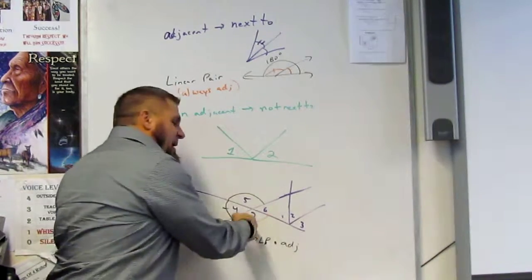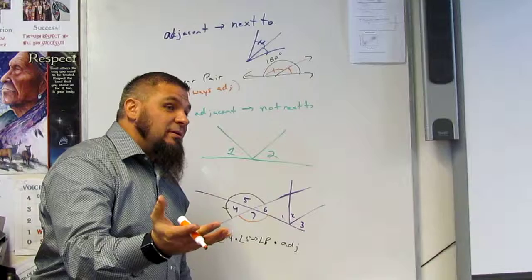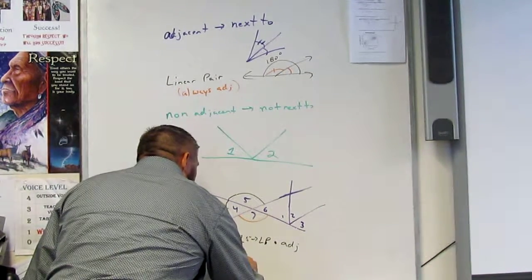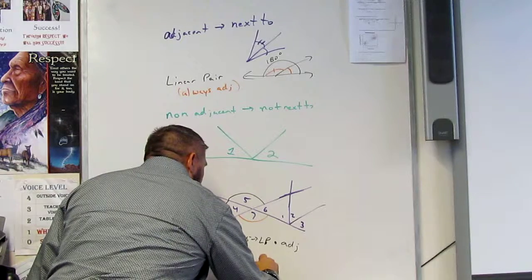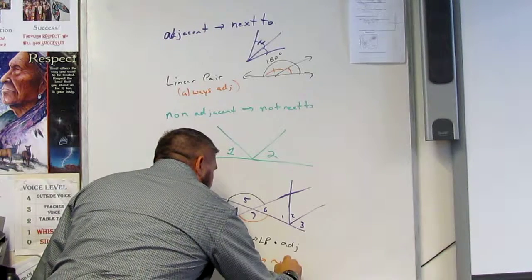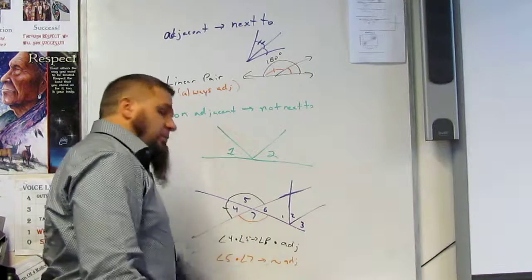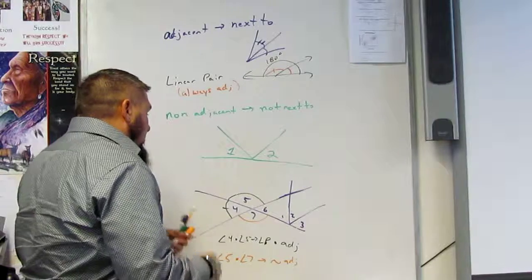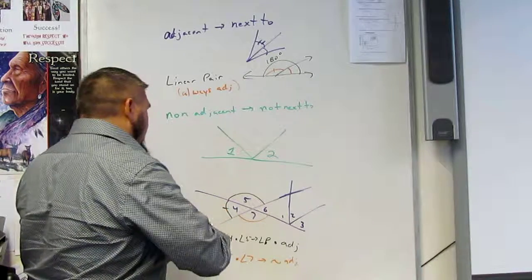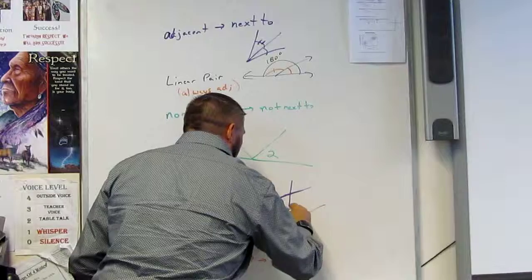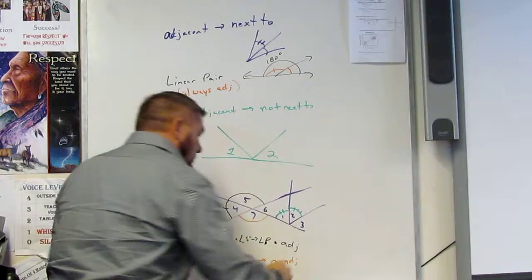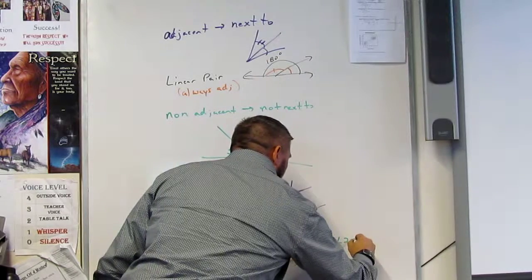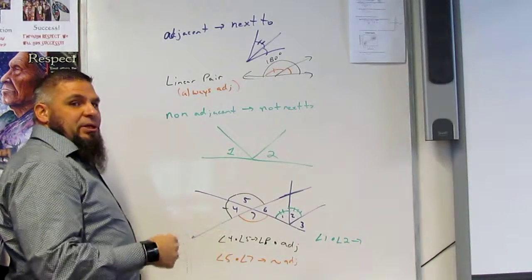Five and 7, they might be congruent, but they're not adjacent. So, angle 5 and angle 7 are not adjacent. Right? The symbol for not. And then, if we take a look at angle 1 and angle 2, well, they are next to each other, right?